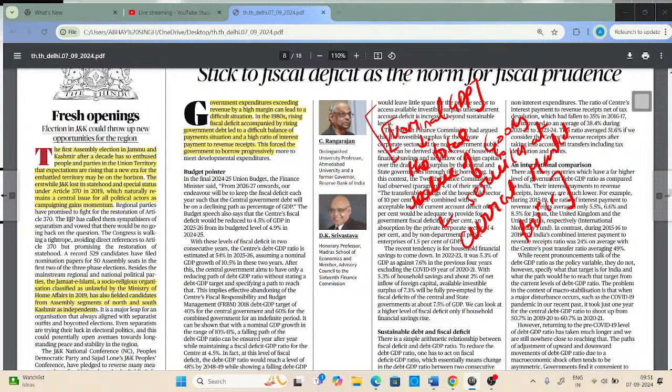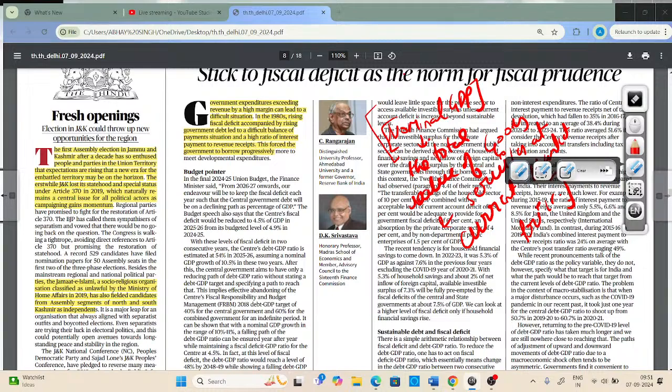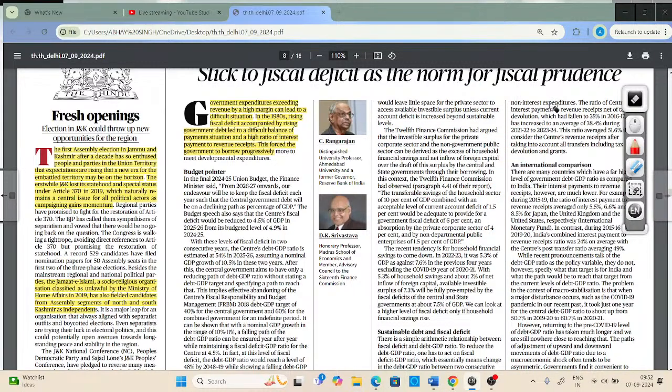The essence of nominal GDP is current market price. So don't forget that nominal GDP is actually the total value of goods and services produced within the territory of India at the current market price.